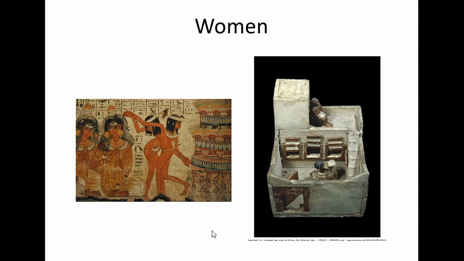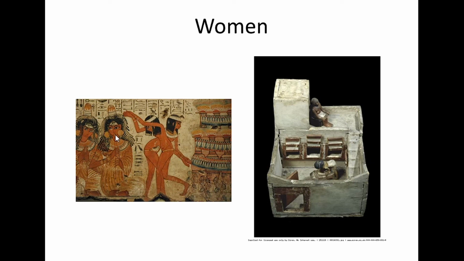Here are two examples of representations of women we do have. On the left, from a wealthy tomb, we have two roles that were available, if you like, for women within the context of royal palaces, etc., as servants, but trained and skilled servants, and presumably in the case of the two women on the left, who are musicians.